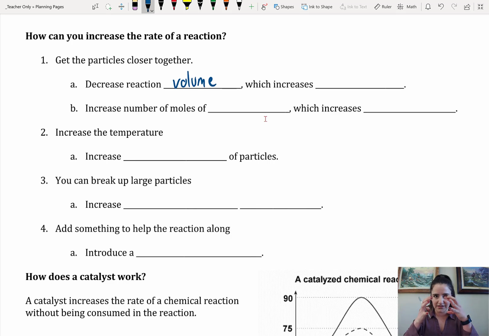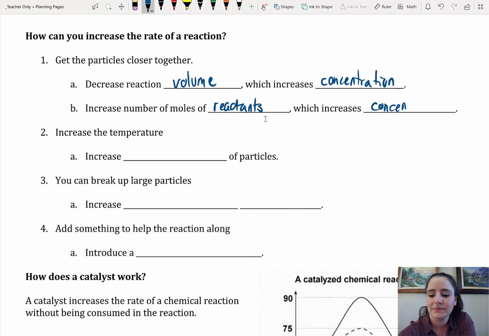So if we decrease the volume of the reaction, that's going to increase the concentration of our reactants and thus make the reaction happen faster. We could also just increase the number of moles of the reactants. That will also increase the concentration.